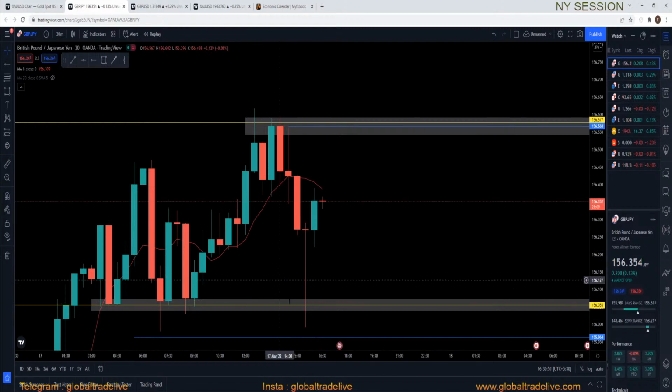Now the market is leaving this area, so that means we can consider this as a buying opportunity. So I'm going to take a buy trade in GBP JPY once the current candle breaks the high of the previous one.